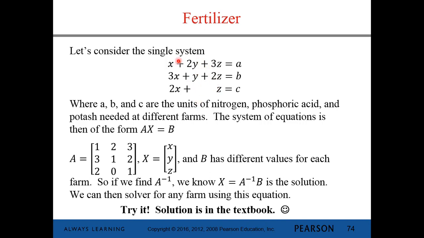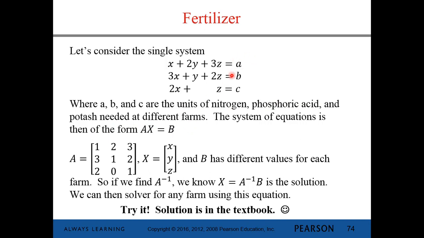We know that this system of equations can solve for the number of units, or the amounts, of each brand that are needed. A, B, and C are going to be constants, where A, B, and C are the units of nitrogen, phosphoric acid, and potash needed for different farms.